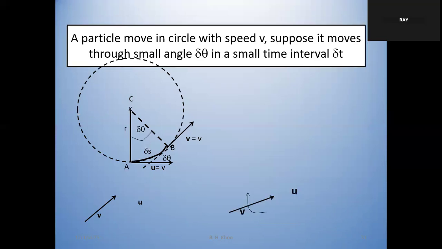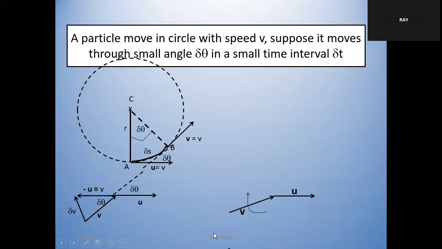Okay, let's make the time become smaller and smaller. So the angle becomes smaller and smaller. Delta s becomes smaller and smaller. So initially it is in that direction from a previous example. That's delta v. Now we make this angle become smaller. So our v changes direction. Right?